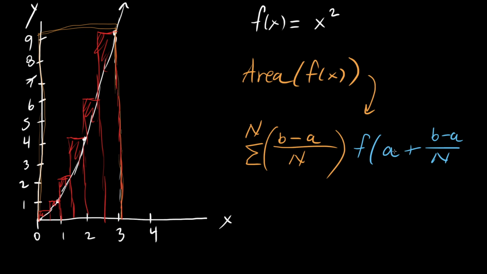So what this means is, since a is the starting point of this interval, in this case it's going to be 0, and the final point is going to be b, we start with the starting point, but then b minus a over n is the width of each one of these rectangles. And in order to traverse these rectangles, we have to add another variable, and let's just name it i.